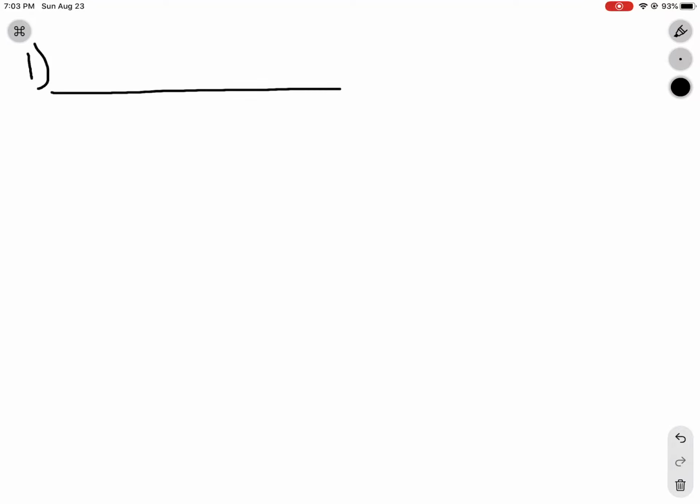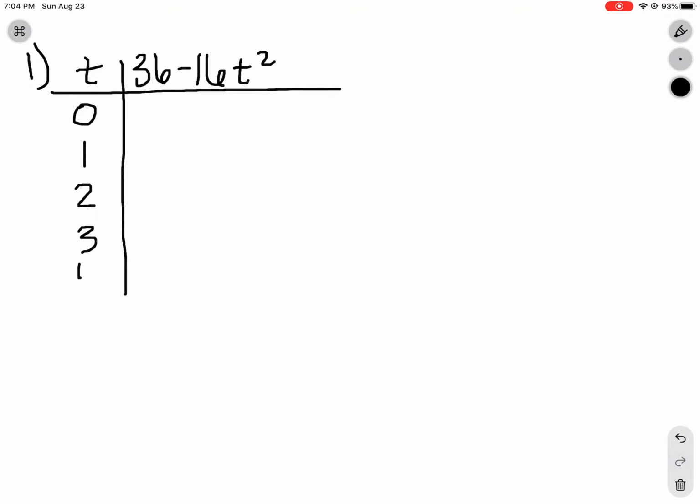So they're using t and not x, so don't freak out. So t, and then we're doing 36 minus 16t squared. So integer values from 0 to 5. Remember, integers are just whole numbers. So from 0 to 5 is 0, 1, 2, 3, 4, and 5.